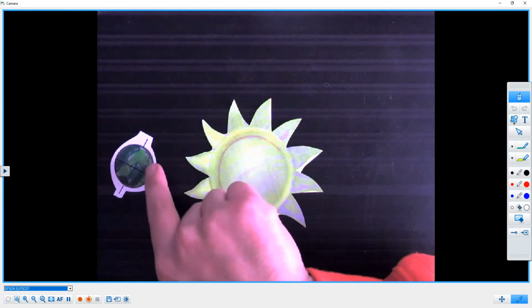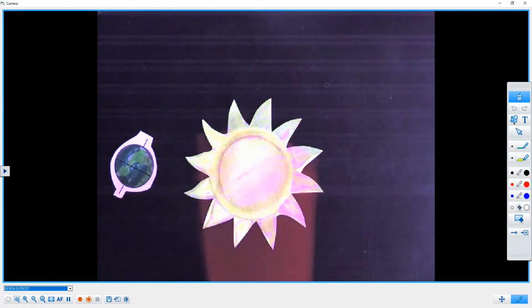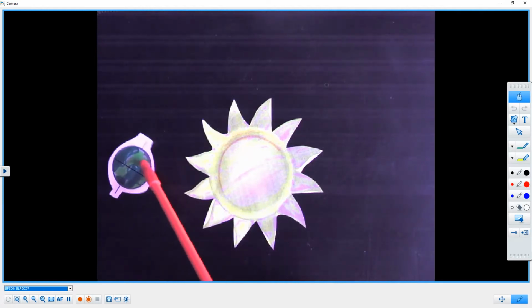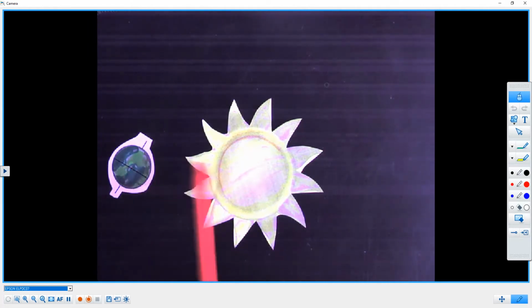And now we are going to clearly see the Earth still tilted at the same angle, still tilted in the same way, but now it's on the opposite side of the sun. So what season is it for the northern hemisphere? It would be summer, because it is tilted towards the sun.